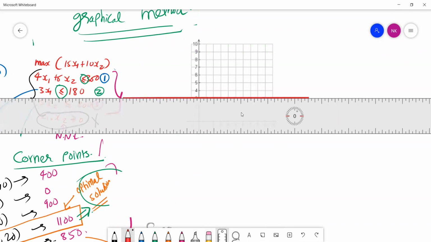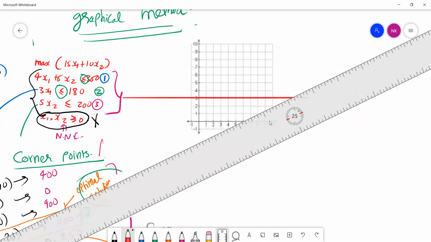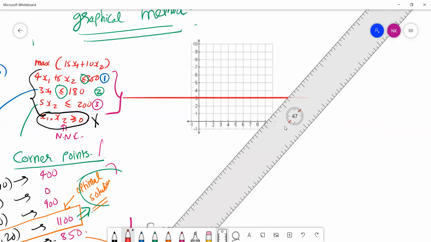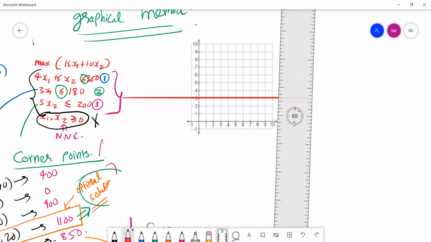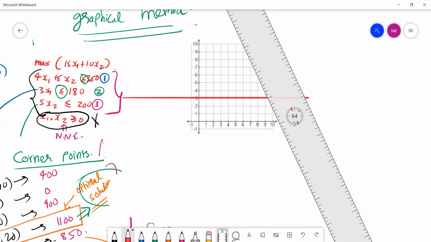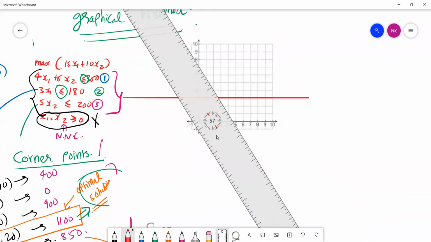I am having this particular line, and this other line. I don't know the equations of the lines, but just assume it to be this one.